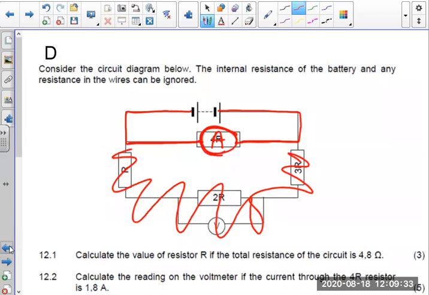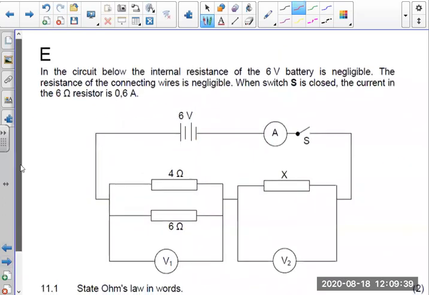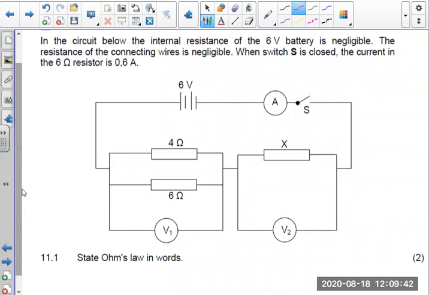Okay. Right. The next one that we can look at is number E. They say the following. In the circuit below, the internal resistance of the battery is negligible.